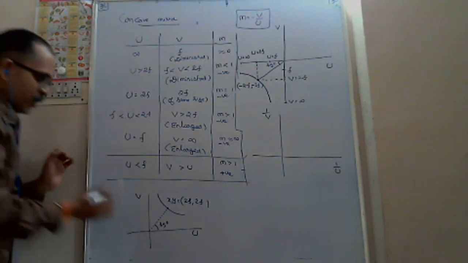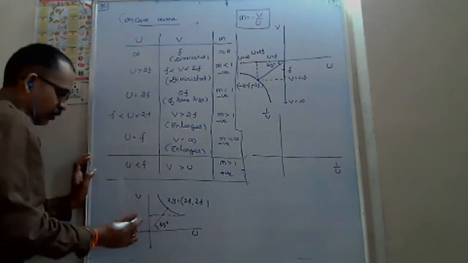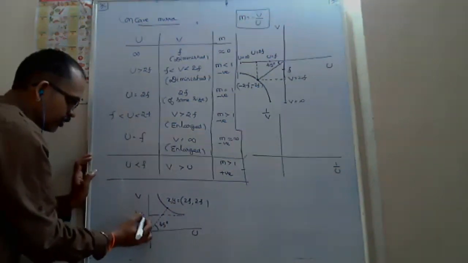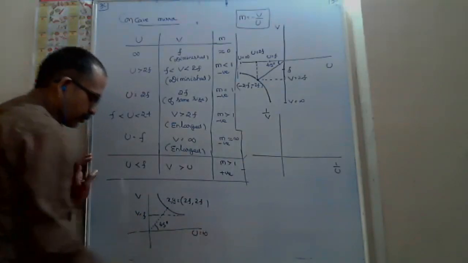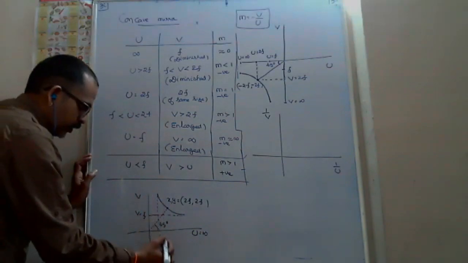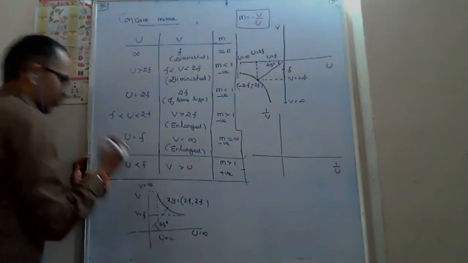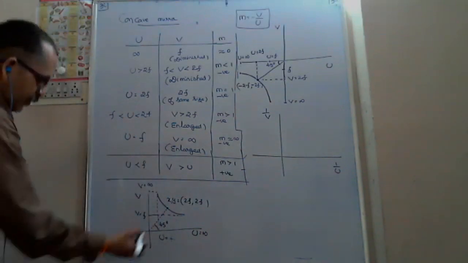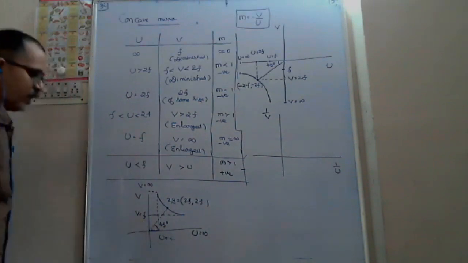Here this is where v equals f, u equals infinity. This is the point where we are seeing u equals f, v equals infinity. If u is less than f, this part, what type of graph generally do you get there?